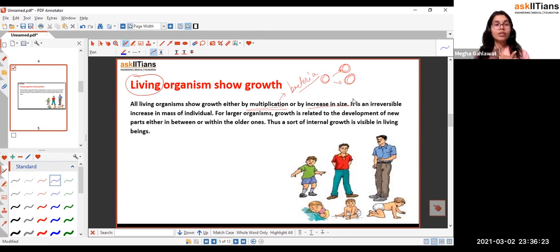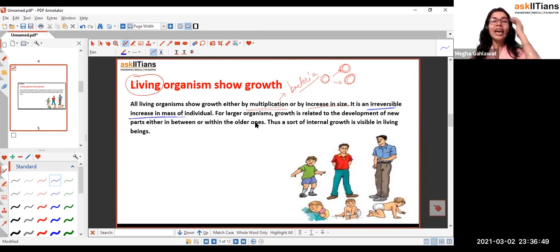For example, now that I've grown up, I cannot go back and be a baby again, right? That is an irreversible and permanent change which occurs inside the living organism, which is very important for you to understand, because the mass of cells is increasing, my bones are growing, my teeth are growing, everything's growing, right? Apart from my hair, I don't know why, but let's get back to the lesson.